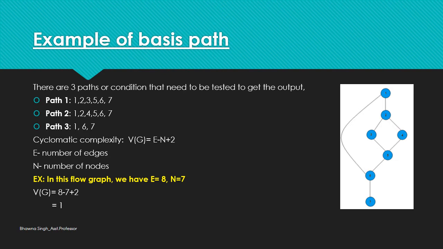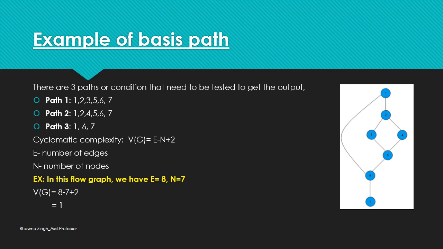So this is how we calculate the number of edges, the number of nodes and the number of paths that are present inside a flow graph. And this is the formula for the cyclomatic complexity, that is V(G) equal to E minus N plus 2, where E is the number of edges present in the flow graph and N is the number of nodes present in the given flow graph. So with the help of this flow graph, we will be able to calculate the complexity.